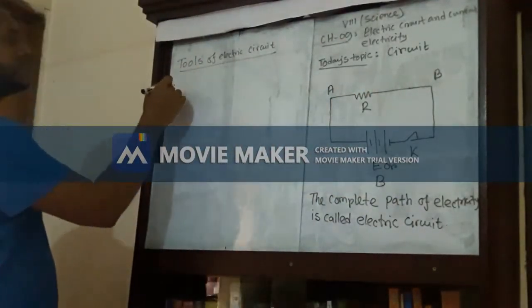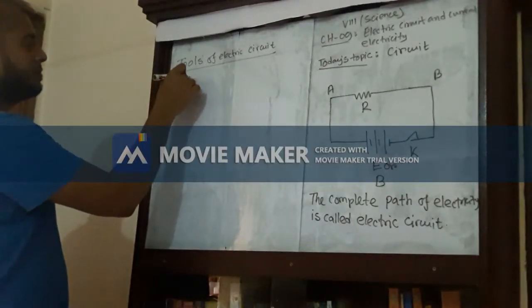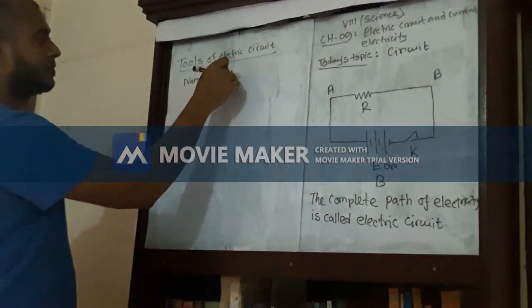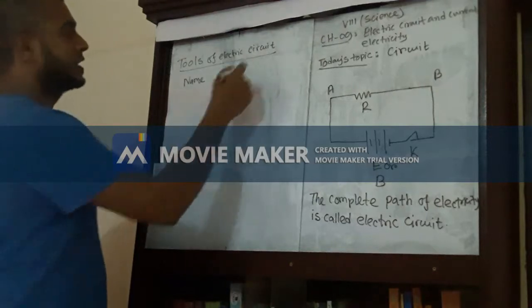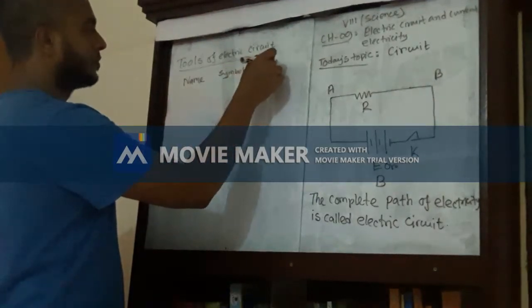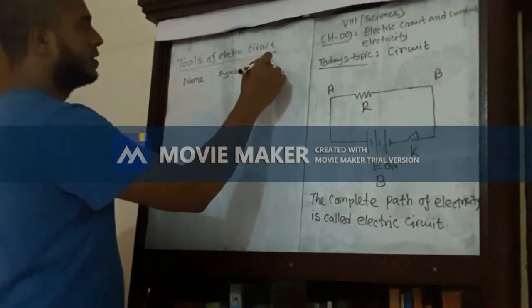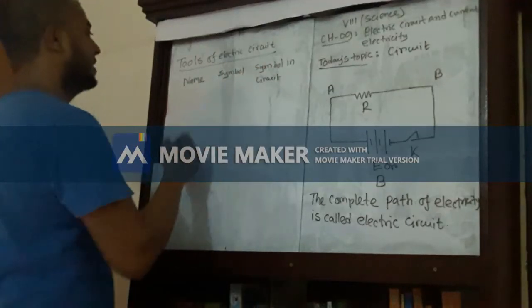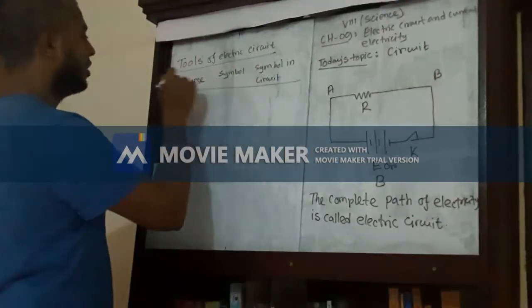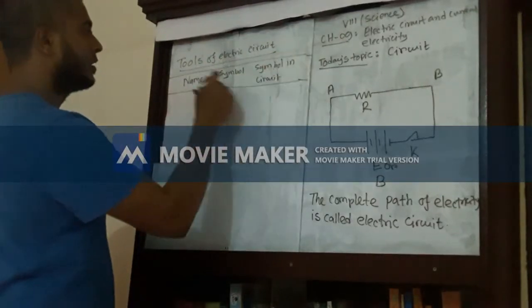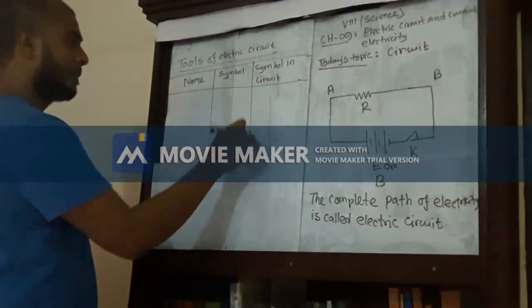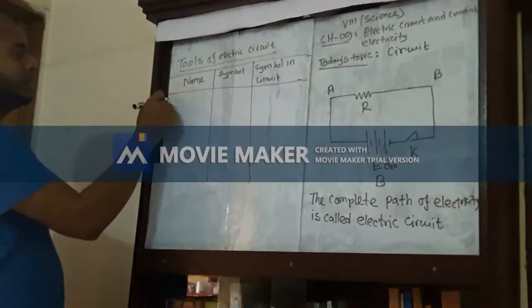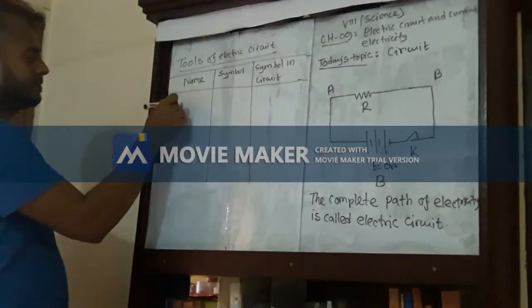So for resistance, at first the name, then the symbol, then the symbol in the circuit. In the first case, I need to start with resistance.